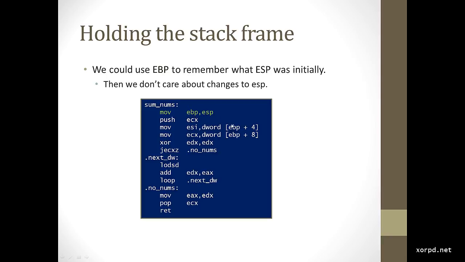And instead of using ESP in this syntax, whenever we want to extract the arguments, we are going to use EBP. Now, even though we have push ECX here, EBP will not change, and we can still use this syntax. We can even push another register here, and those two instructions will still work.